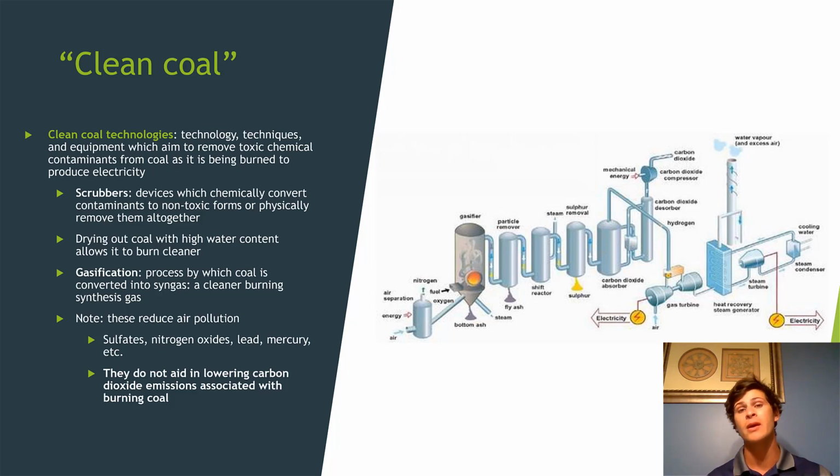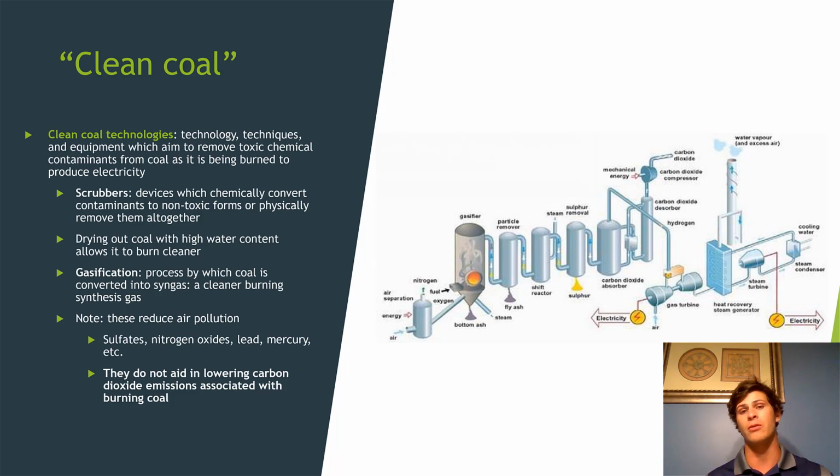Basically, there won't be as many toxic compounds emitted. In addition, we can do something called gasification. Basically, this is a process by which coal is converted into synthetic gas or syngas using a combination of heat and steam, and in this way we can then burn that synthetic gas instead of burning the coal, in which case we reduce our emissions in that exhaust.